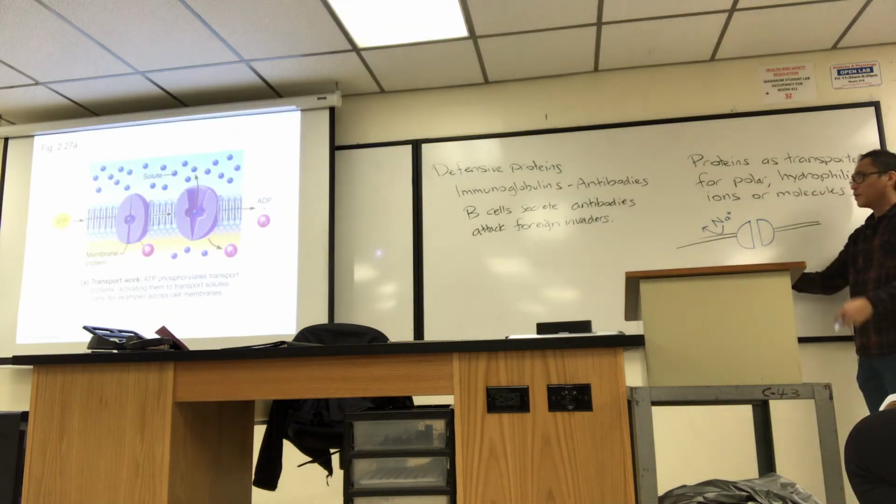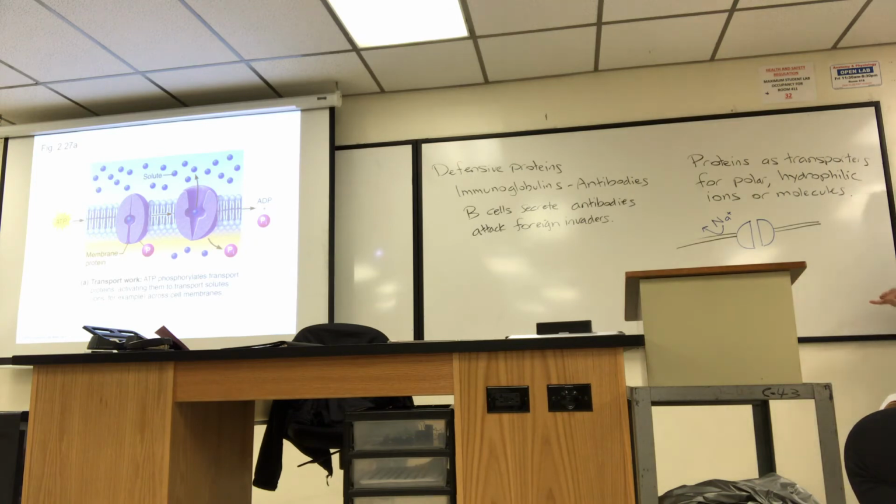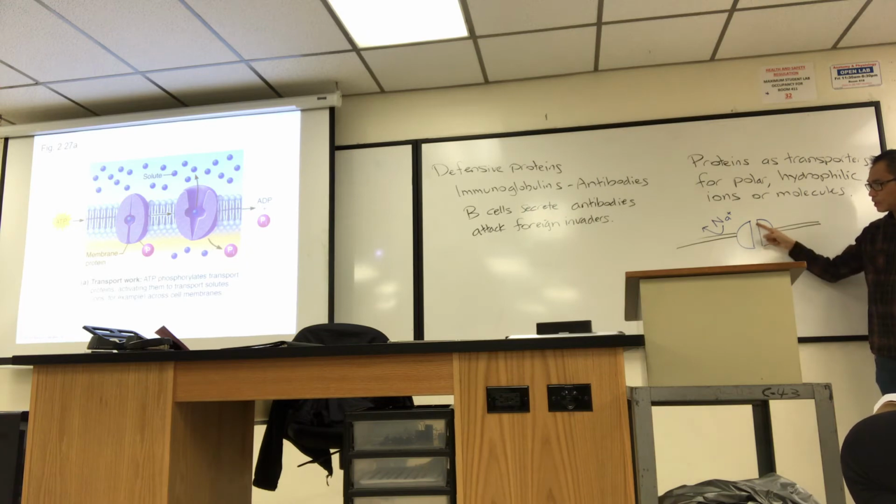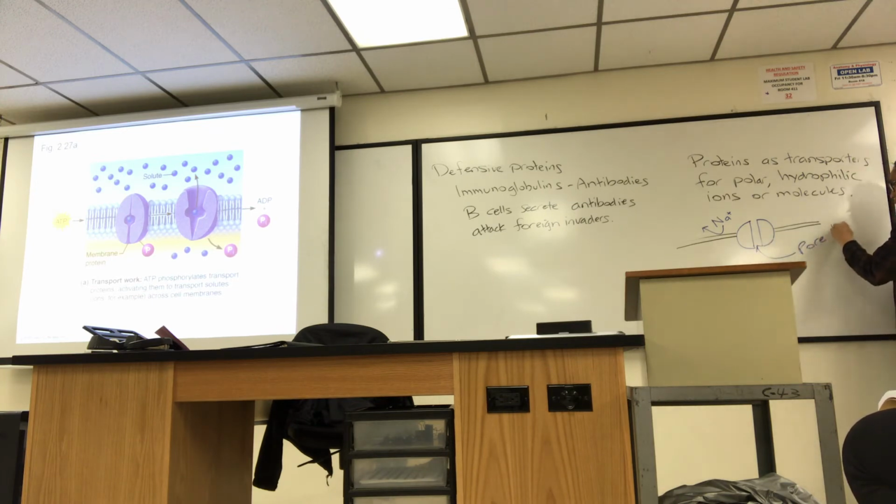So if it is to be allowed entry into the cell due to its concentration gradient, what they don't tell you is this transporter, that's a protein, is usually lined with water. This pore is lined with water. So things like sodium, which are water soluble, can pass through.